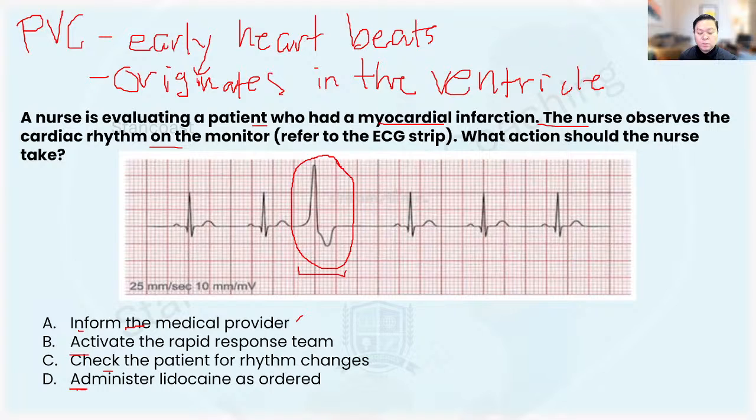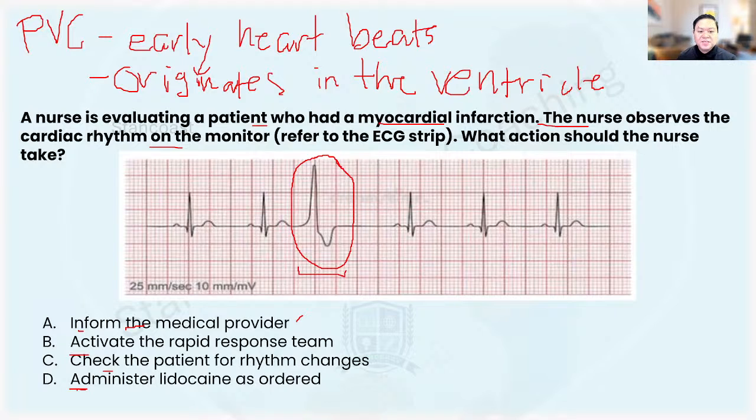They will probably manifest those deadly arrhythmias. So the presence of PVCs would be enough for you to be alerted, okay? If this is not happening before the myocardial event, I would be on my toes right now. Something could possibly happen in this patient in the next few hours.